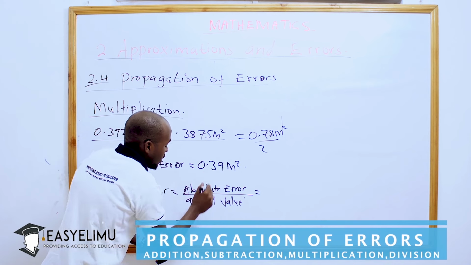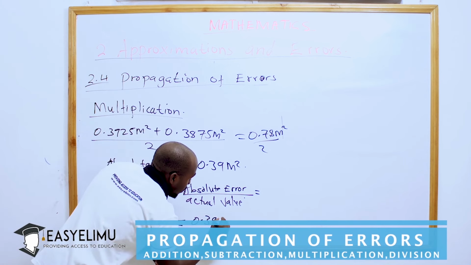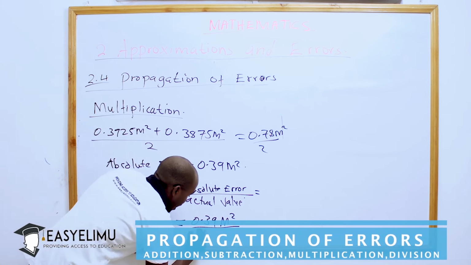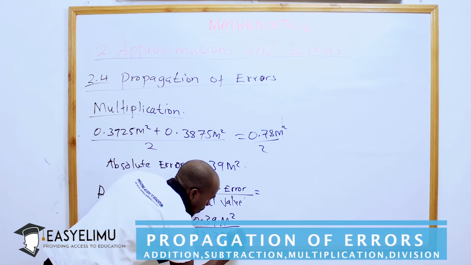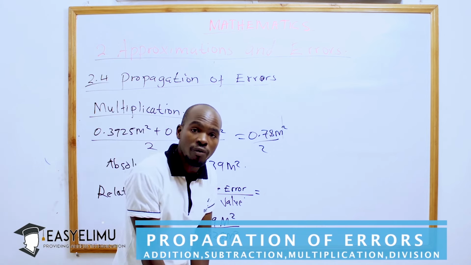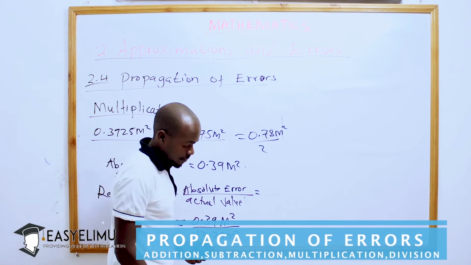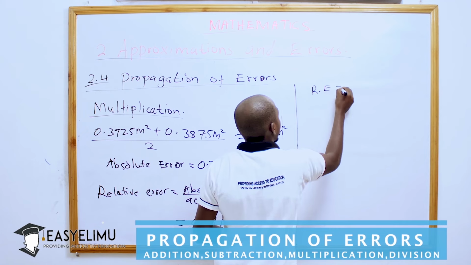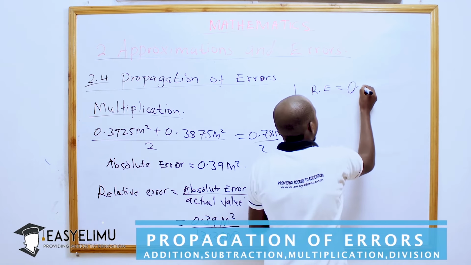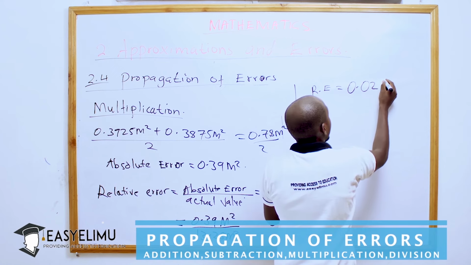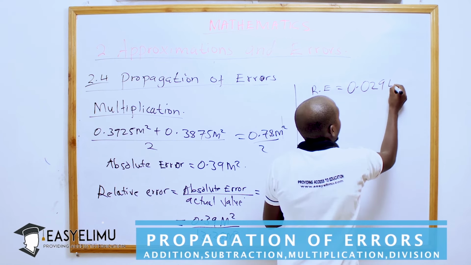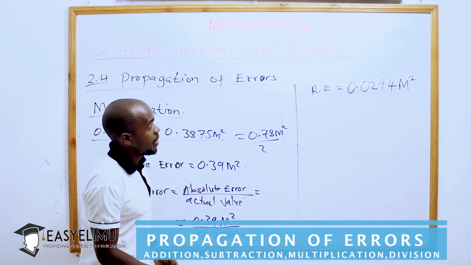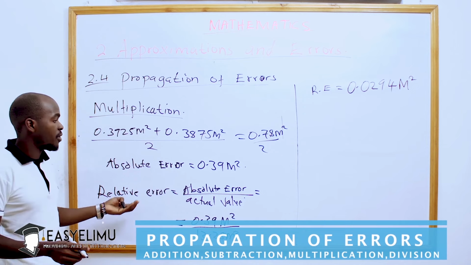So our absolute error is 0.39 square meter. But remember, our working area we found as 13.25 square meters. So if we do it that way, we are going to find the relative error, and we can say it is equivalent to 0.0294 to three significant figures.